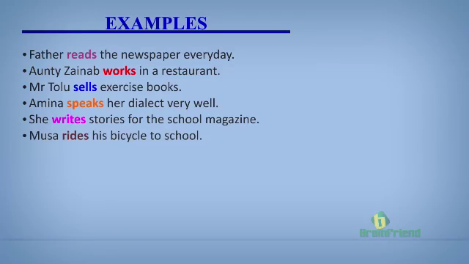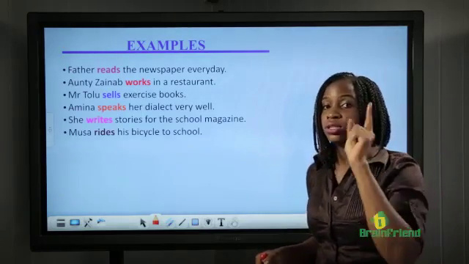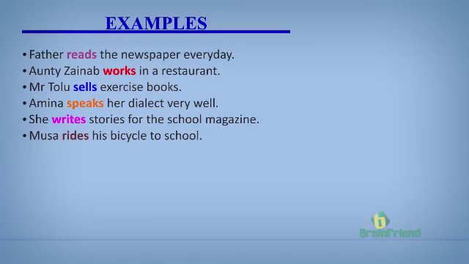We are going to go through our examples now. Father reads the newspaper every day. We're talking about father, not talking to father directly. So we add s to the verb. Auntie Zainab works in a restaurant. Mr. Tolu sells exercise books. Amina speaks her dialect very well.